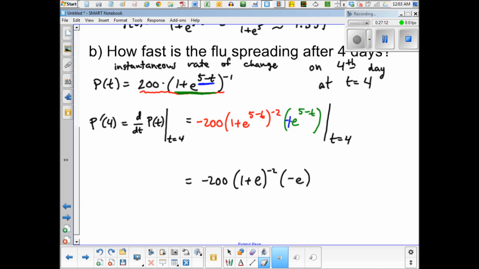Okay? Alright. If you enter this into your calculator, you end up getting about 39.32 something or other, which we'll have to treat as about 39 people per day.